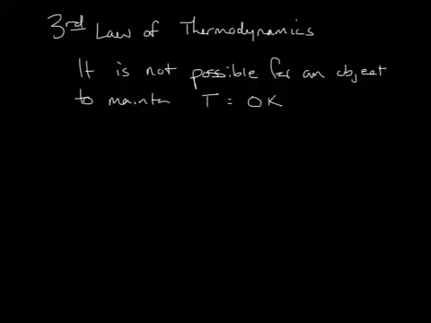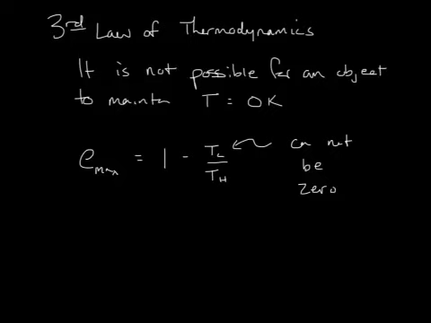So if we go back to our maximum efficiency for a Carnot engine, 1 minus Tc over Th, this cannot be 0. Okay, and so Emax will always be less than 100%, even for one of these ideal Carnot engines.